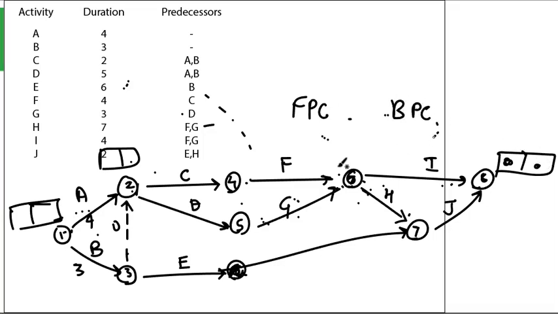From the forward pass and backward pass calculation you will fill up each number, and at whatever node the numbers are equal, those are the critical activities. So remember that the critical activities have the longest path, right?